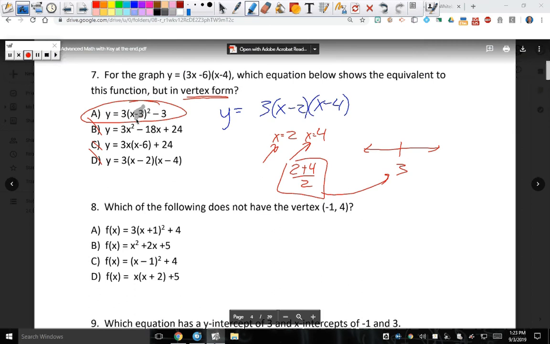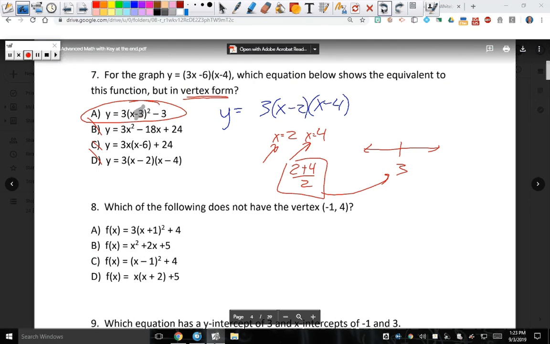Number 8, you should probably be able to do in about 5 to 10 seconds. And what do y'all see as being the answer? Anyone? C. Yep. Because of vertex form, the opposite of -1. Wait, hold up just a bit. It would not be C. It would be what? Wait.